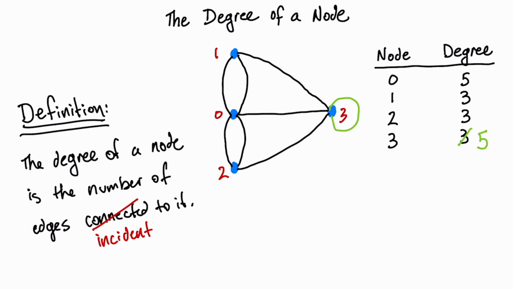In order to maintain this balance and always get an even number, we just define loops to contribute 2 to the total degree of a node. I mean, why not? But loops are kind of weird, and a lot of times we're just going to exclude graphs with loops from our discussion. Not all the time, but most of the time. So let's get rid of this loop.